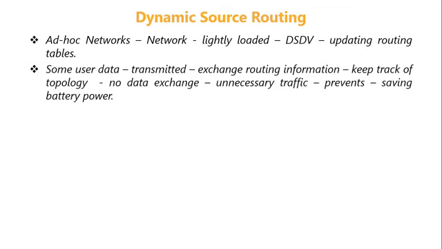Considering all these issues, to avoid the unnecessary transfer of information for updating the routing table for even slight changes, and to avoid transmission of unnecessary content even when the network is lightly loaded, we go for the next routing algorithm, which is called the dynamic source routing algorithm.